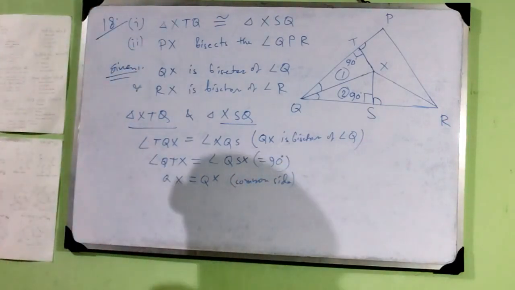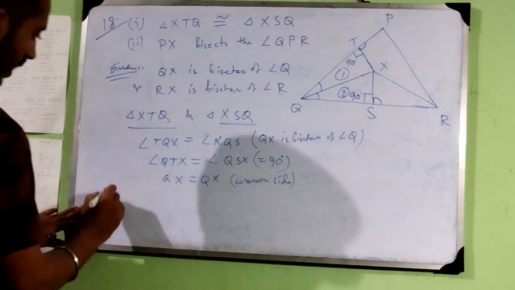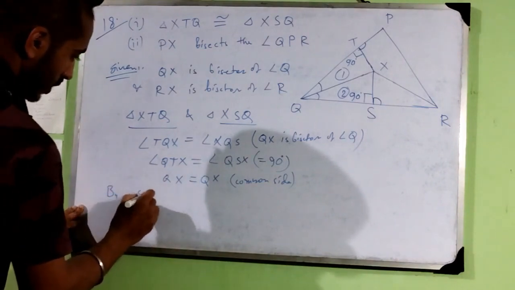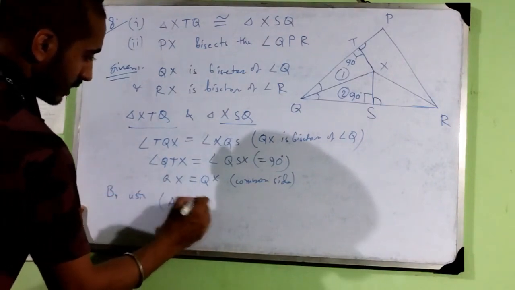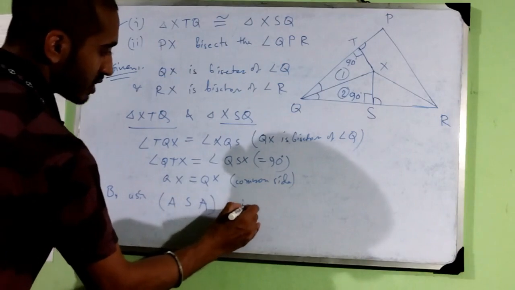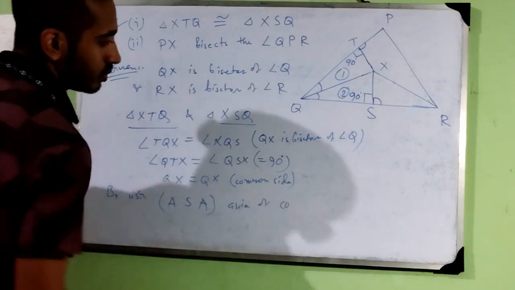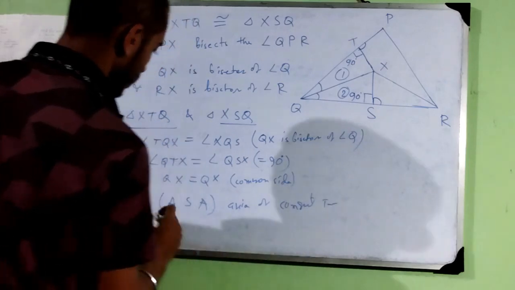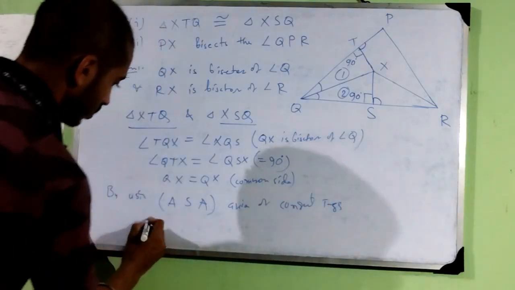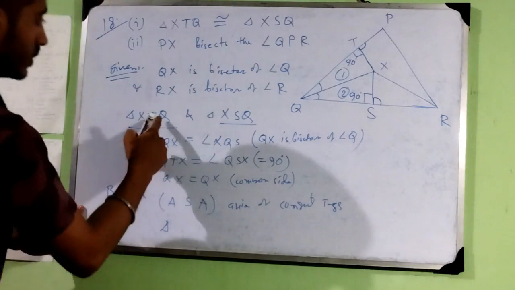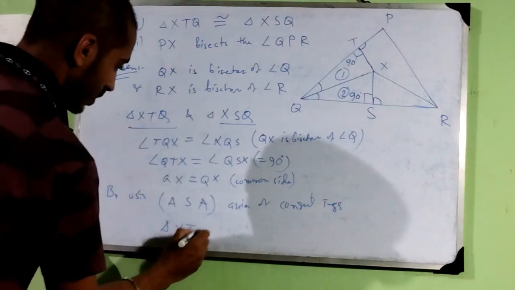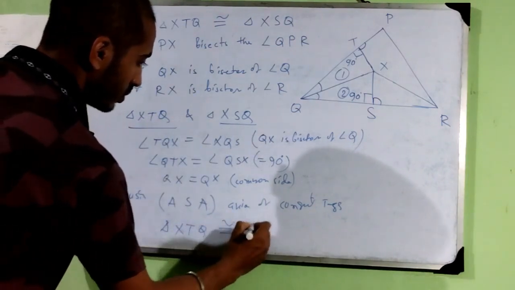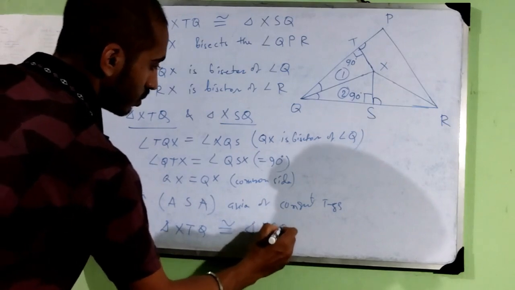So two angles and one side, by using the angle side axiom of congruent triangles, we can write triangle XTQ is congruent with triangle XSQ.